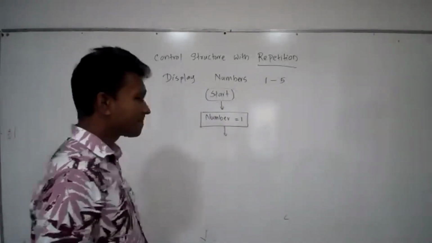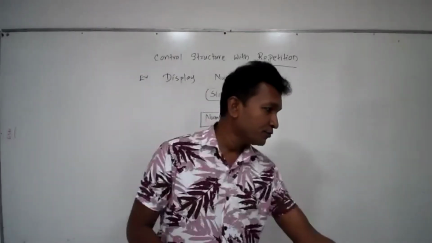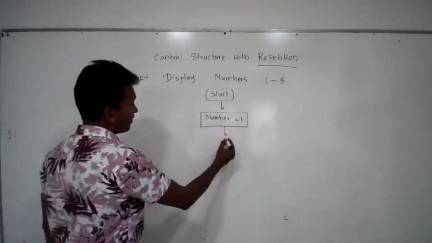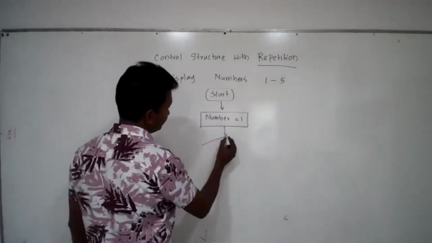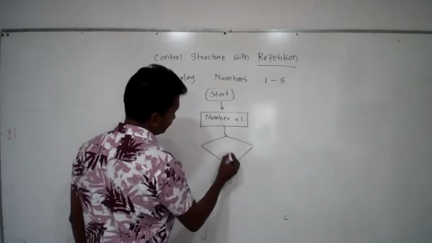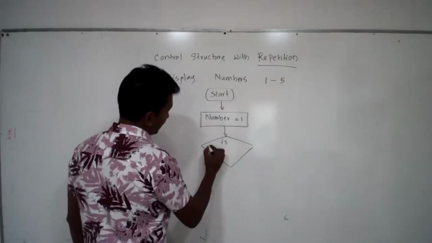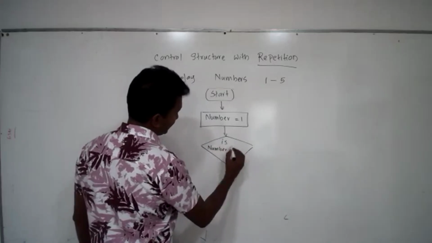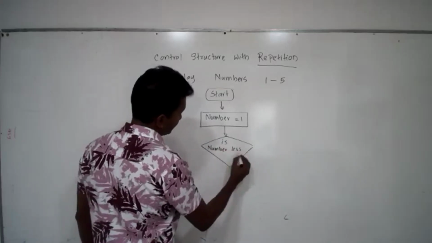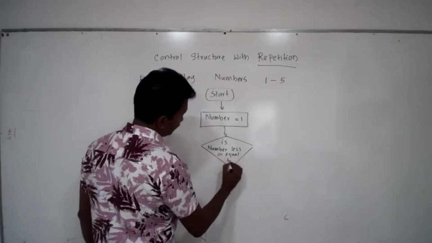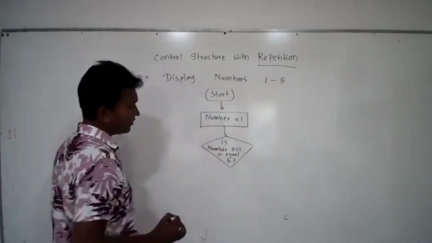Then what do we do? We have to check: is number less than or equal to 5, right?